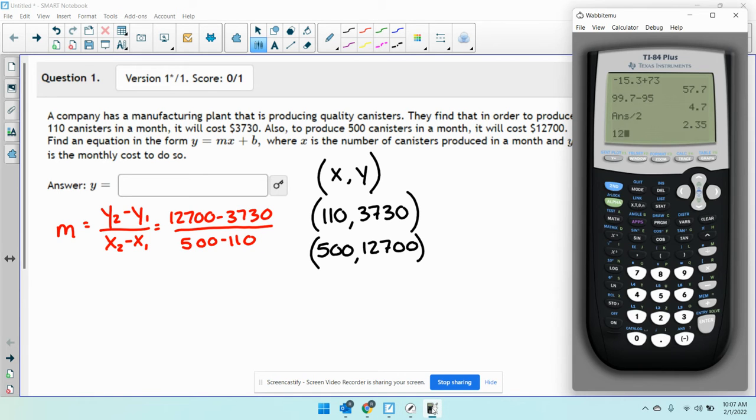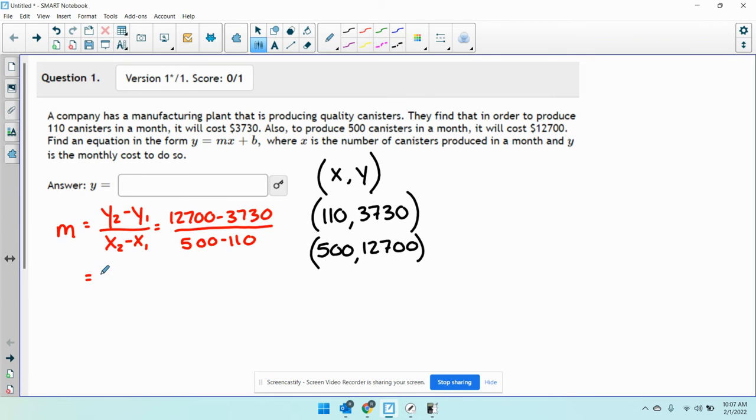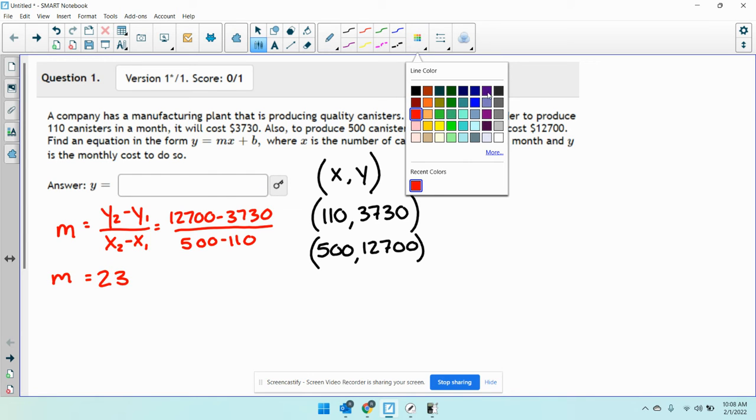So when I do that, I have 12,700 minus 3,730 and 500 minus 110. So I'll do that divided by that. My slope is going to be 23.